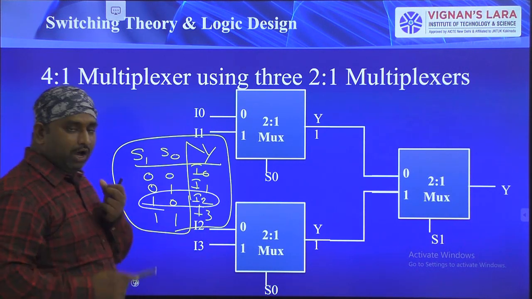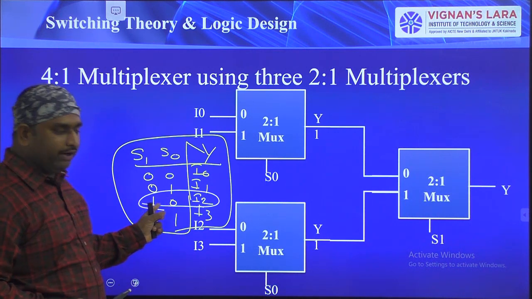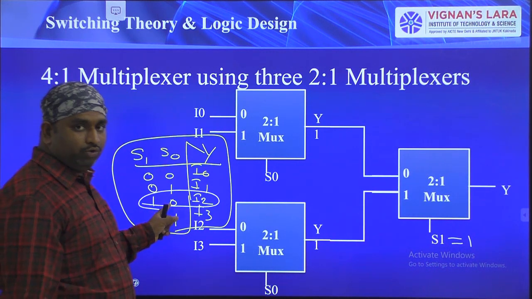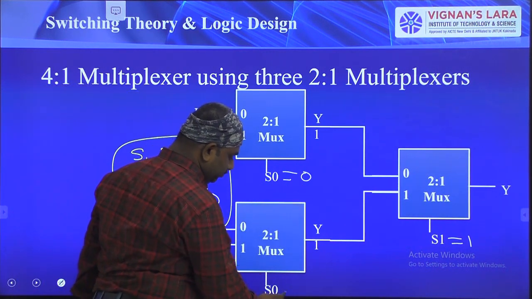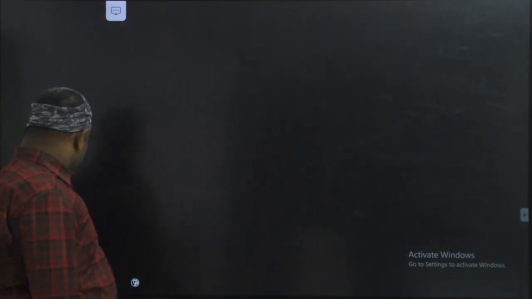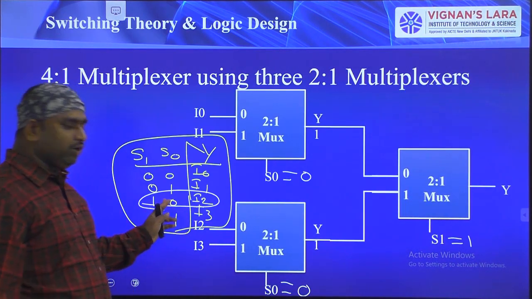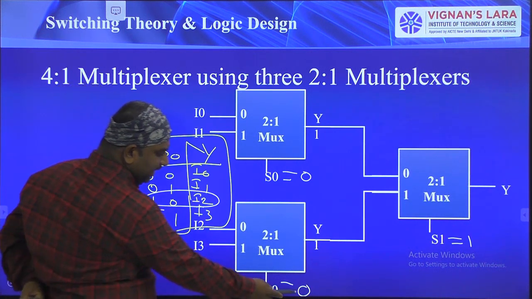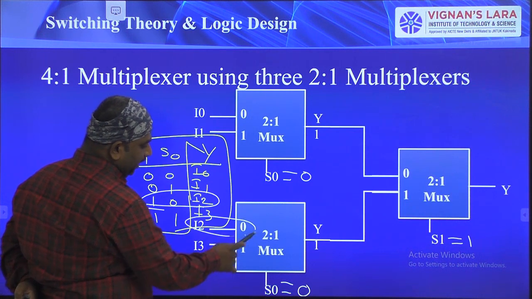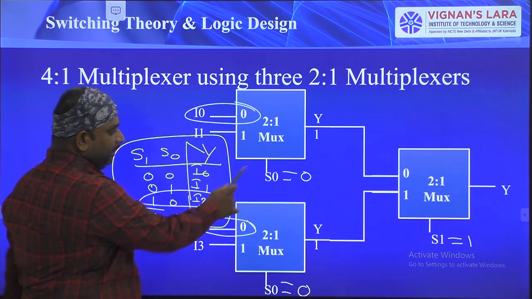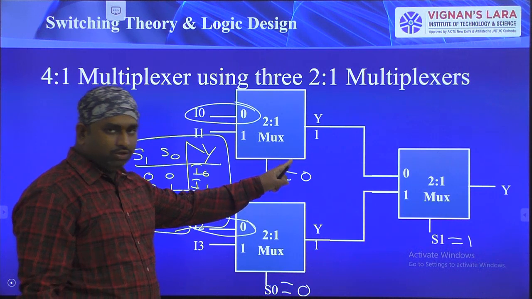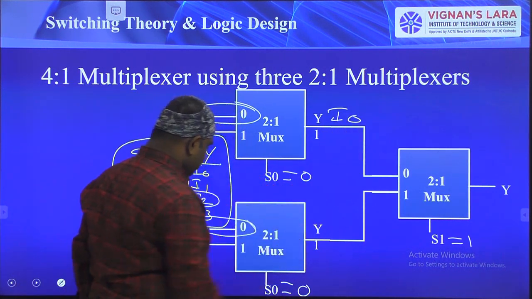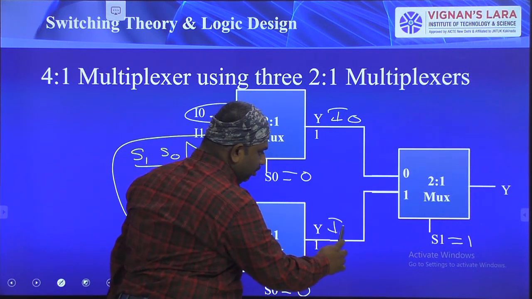The combination is 1, 0: S1 value is equal to 1, and S0 value is 0. See here, it is very simple. If I select 0, then this input line selects. Here it is S0, S0 is 0, so I0 selects and the output is I0. Here the output is I2.